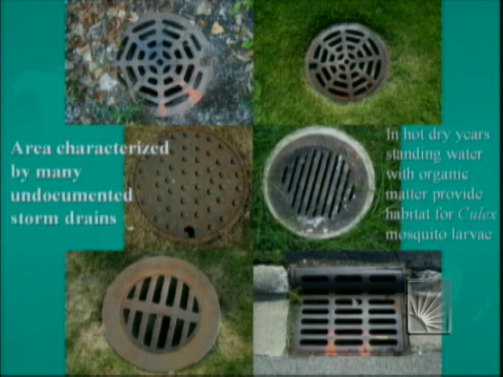So when the Department of Public Health started looking, there were over 3,000 undocumented storm drains. Those are filled with grass clippings, leaf litter, etc. They hold water, organic matter, perfect habitat for Culex pipiens, the main vector of West Nile virus.